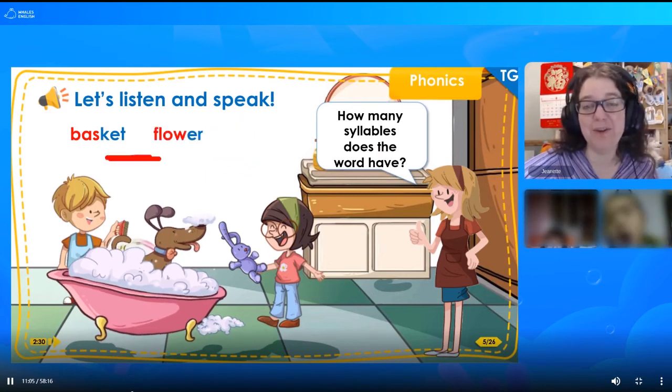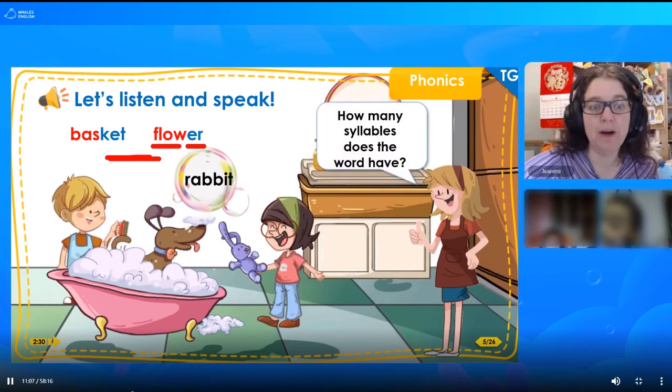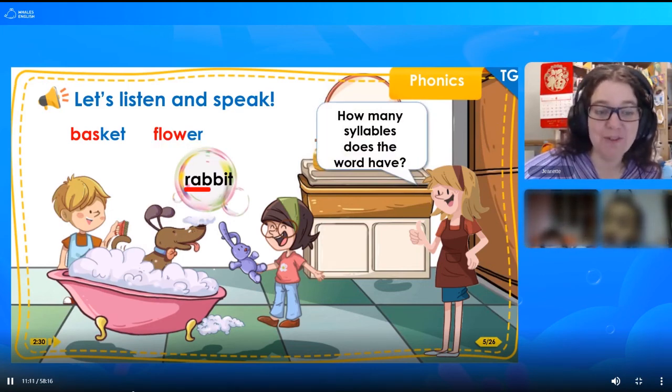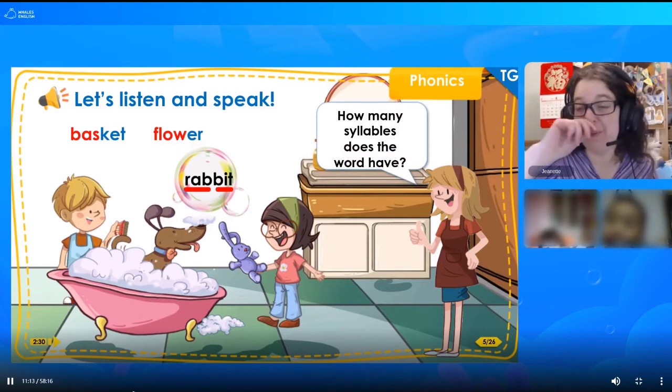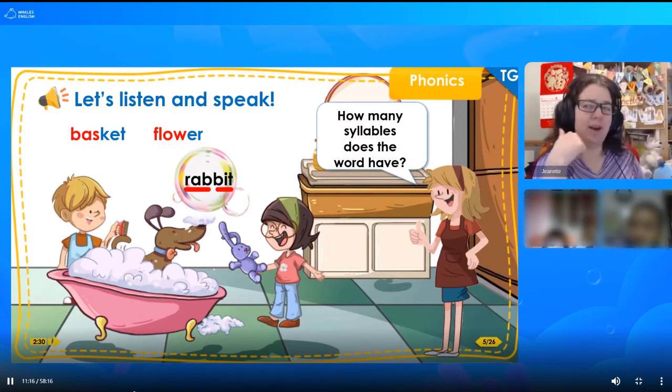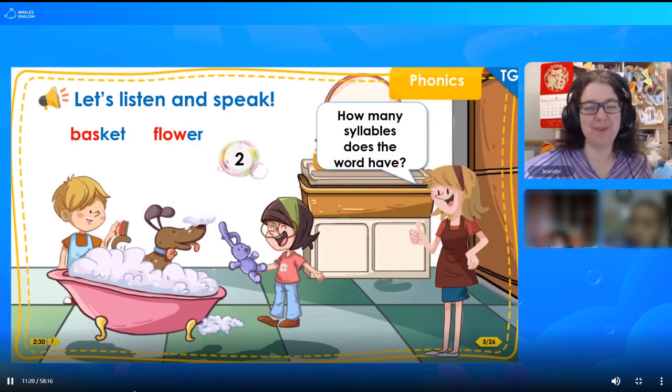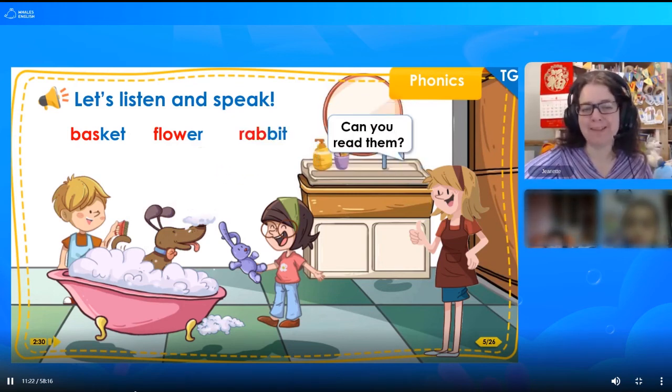It has two. Flower. Rabbit. Oh, Emily, a word for you. Rabbit. Good. How many syllables in rabbit? Two. Wow, you are good at this. Good work. So, basket, flower, rabbit.